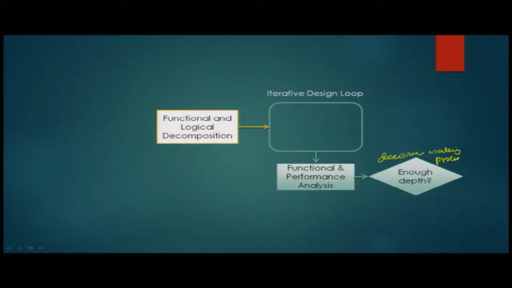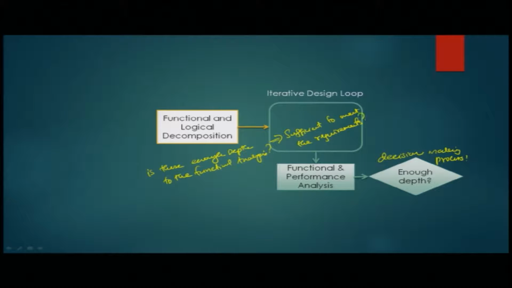Okay. And is there enough depth in realizing the functions? So, the question is, is there enough depth to the functional analysis? Enough depth means sufficient to meet the requirements.